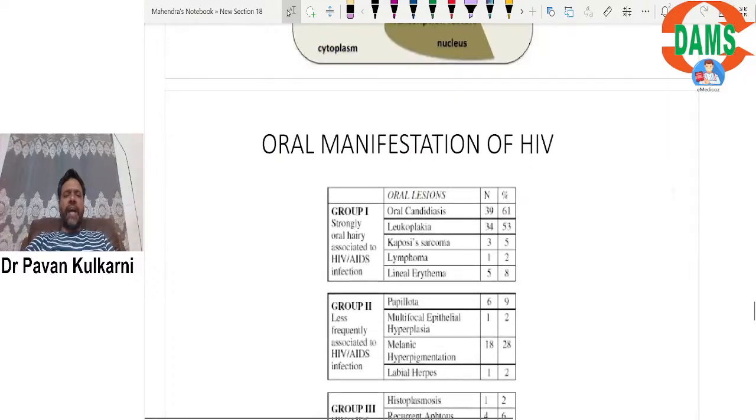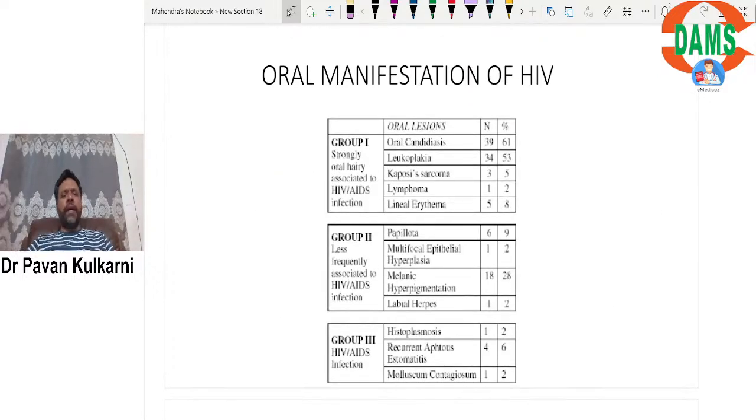Other things, don't worry. Now this is another table showing the oral manifestations of HIV. We know that in HIV, that is human immunodeficiency virus AIDS patients, usually you'll see oral manifestations. So they have classified these, the EC Clearinghouse classification.